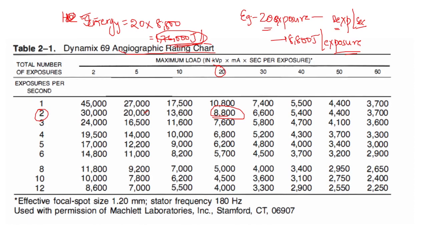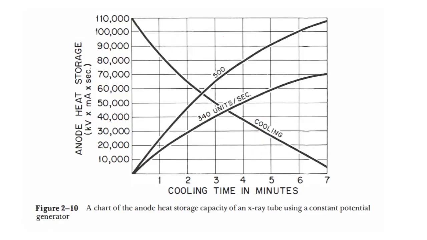Now, the ability of the X-ray tube to withstand this heat loading over several hours depends upon the anode heat storage characteristics. There is something called anode heat storage characteristics. So let us see that. This is the chart which explains the anode heat storage characteristics.